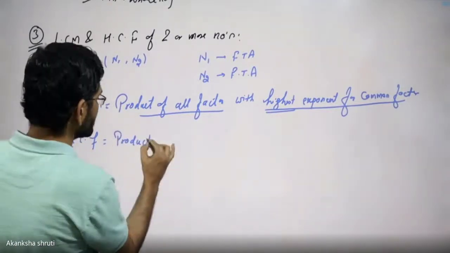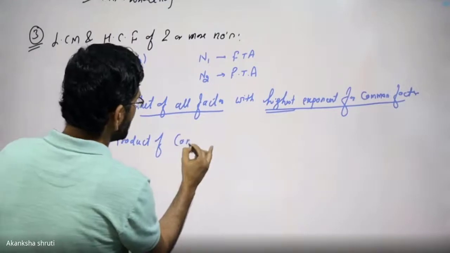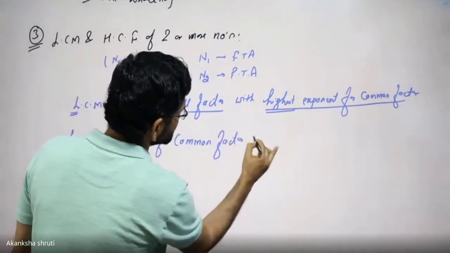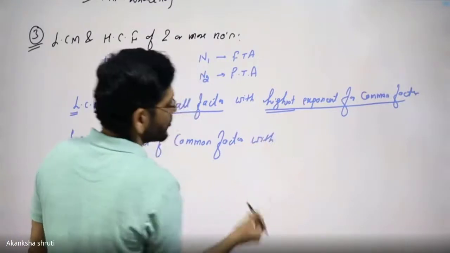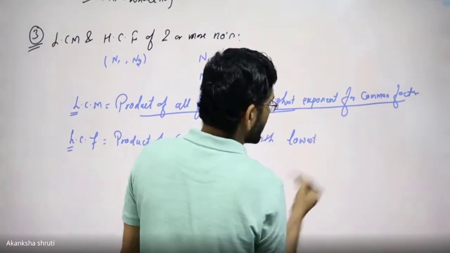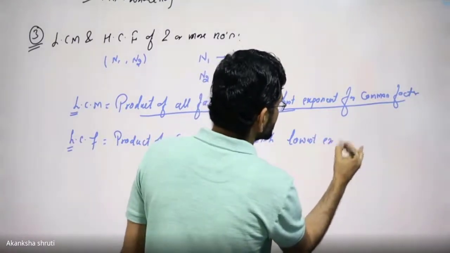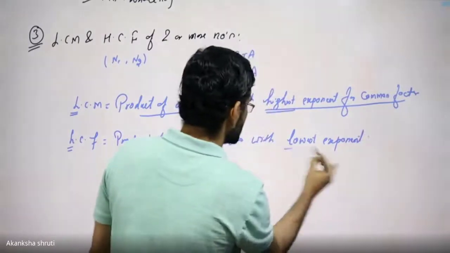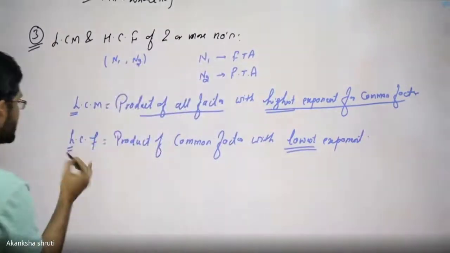So it is product of only common factors with lowest degree, with lowest or lower exponent. Exponent means the power. So you are getting it, it is the lower for HCF.